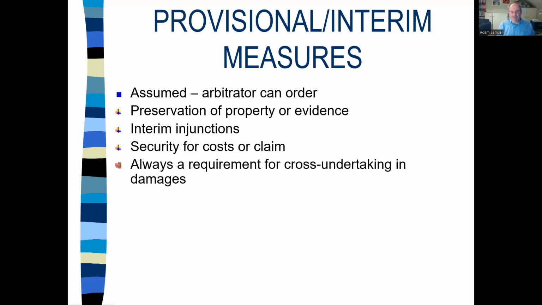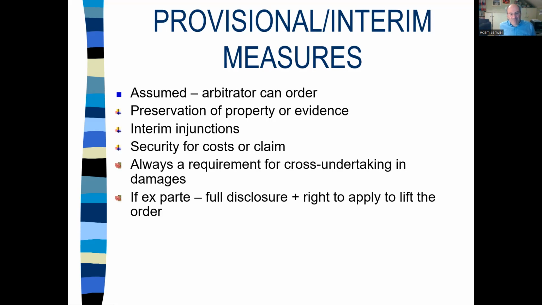When you apply for an interim measure, the tribunal should insist on a cross undertaking in damages, typically in the form of security, so that if the order should never have been made in the first place, you pay the cost of the damage you do to the other side from the order.